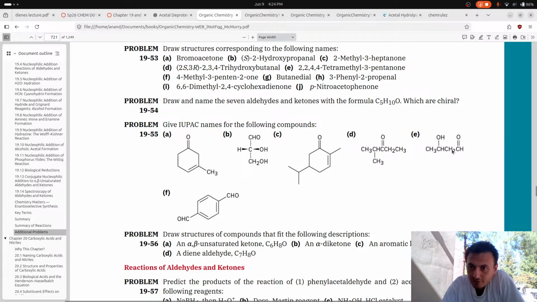1, 2, 3, 4. Butanal. I actually don't know how to name these. So it's gonna be butan. Oh, you know what it is actually? It's gonna be the other one for this one.